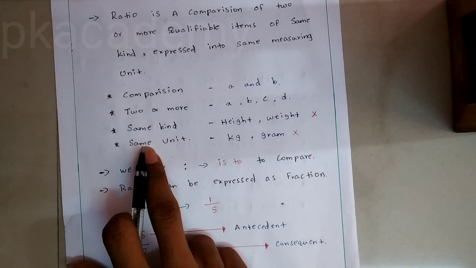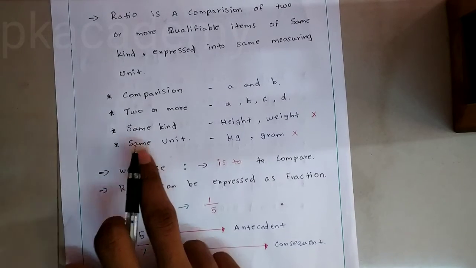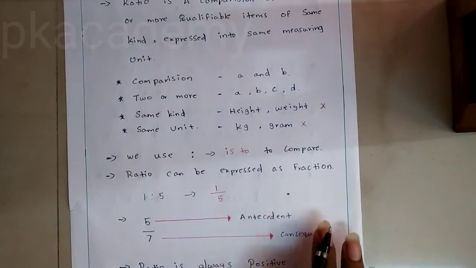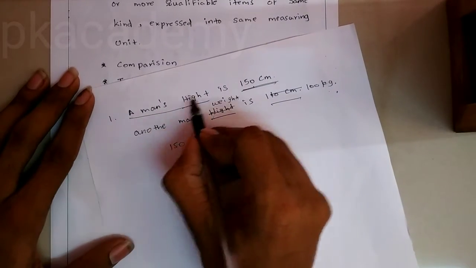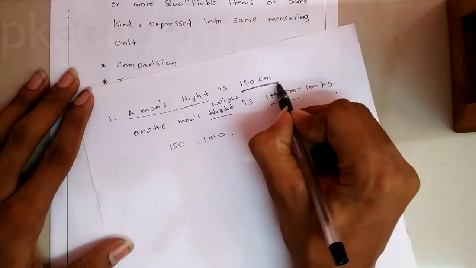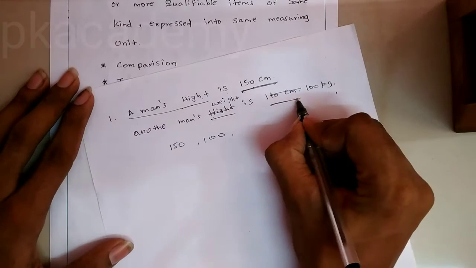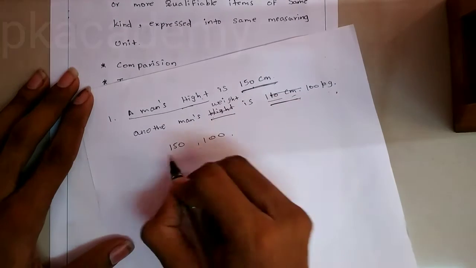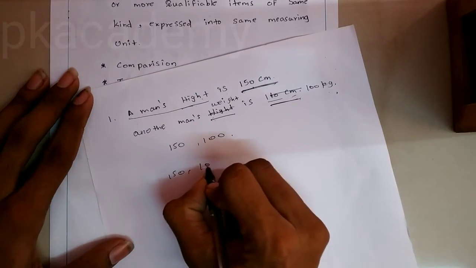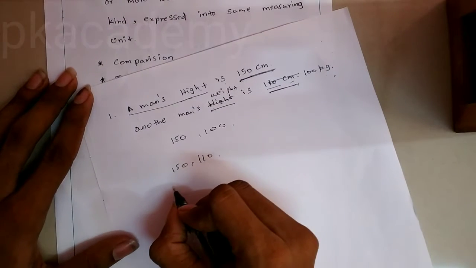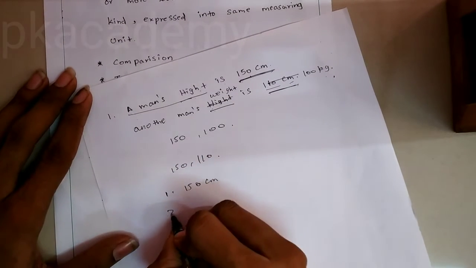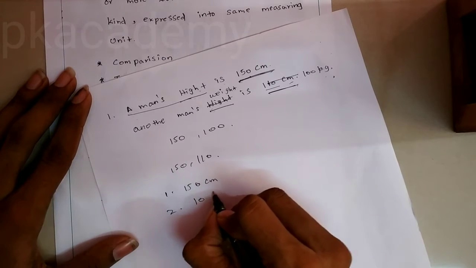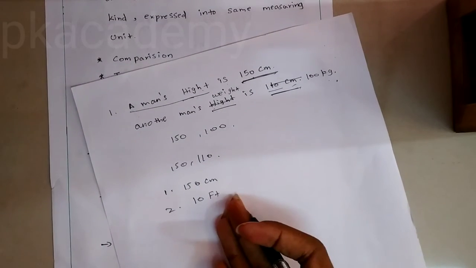And the fourth thing is the comparison must be in the same unit. What do they mean by same unit? In this given example, the man's height is 150 centimeter and another man's height is 110 centimeter, so it can be compared. But if they gave the first man's height as 150 centimeter and the second man's height as 10 feet, we can't compare these things.